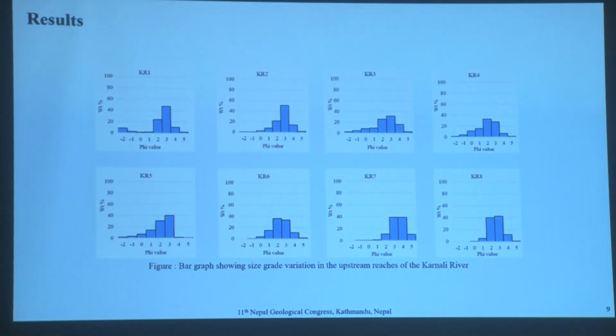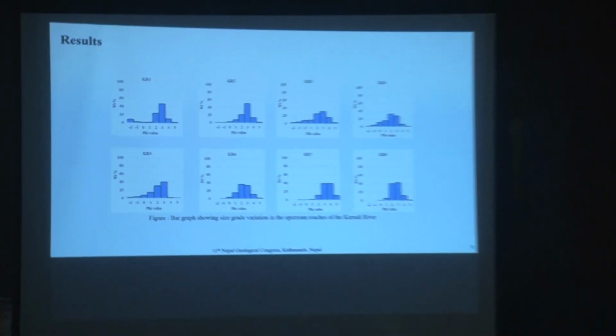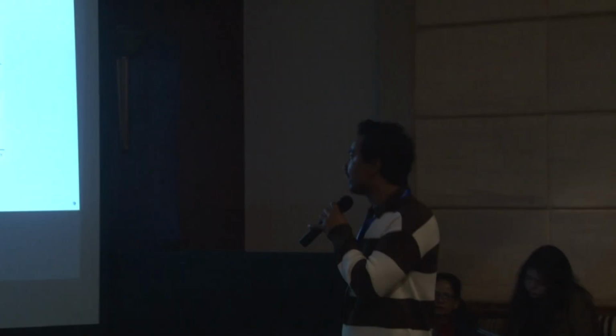This figure shows the size grade analysis after sieving. These are the samples obtained from the upstream stretches of the Karnali river system. Here the samples are distributed randomly. This graph shows the samples collected from the mid reaches of the Karnali river system.